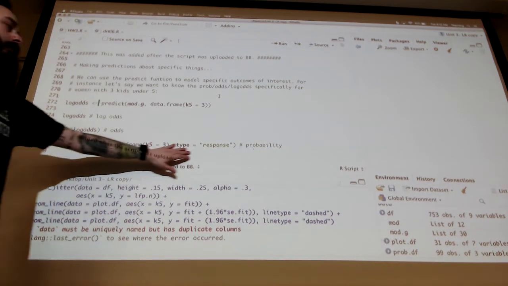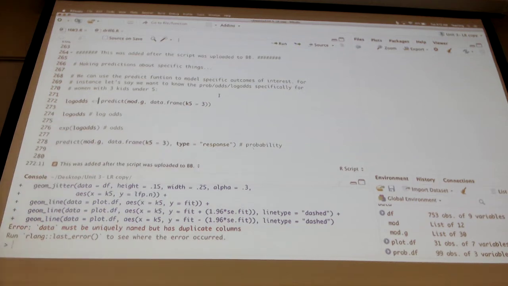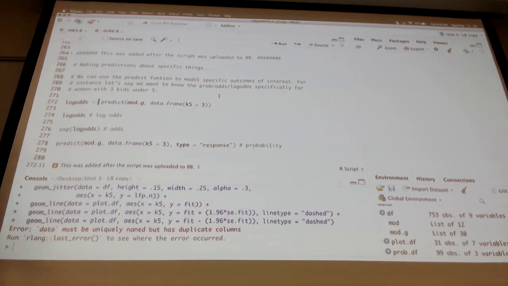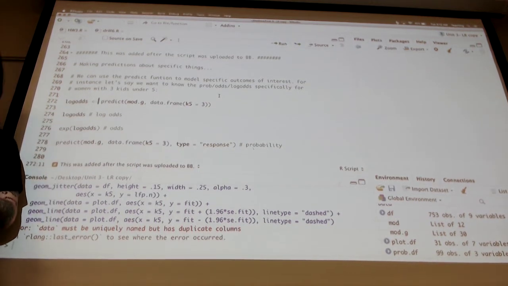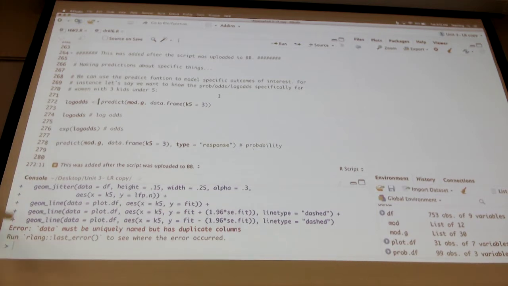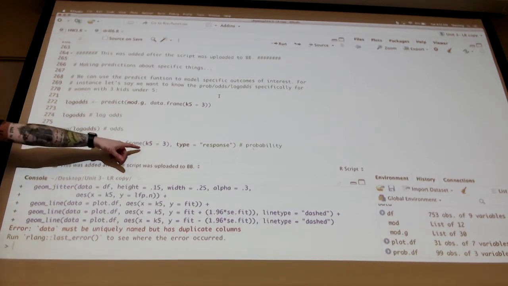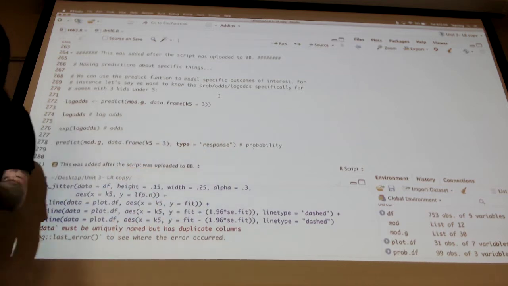This is also what you'll use when it comes to plotting, because one thing as far as visualizing logistic regression is that if you're in that odds space or log odds space, you cannot plot the raw data with the model itself. The only space that the raw data exists is in its raw form, and the only thing that you can plot over that raw data is that probability.